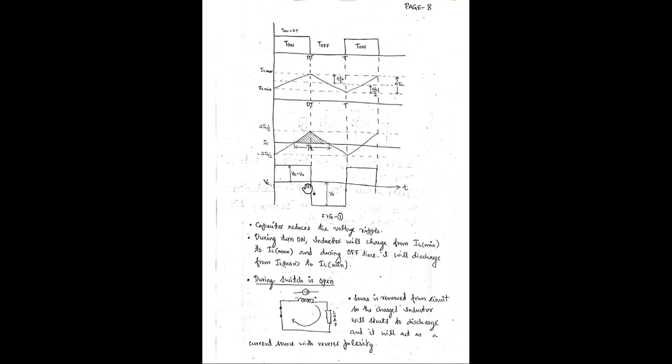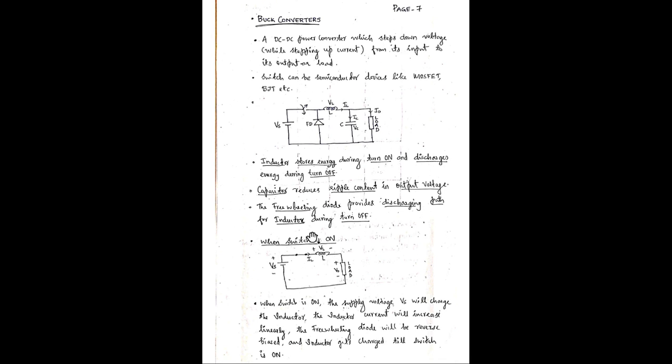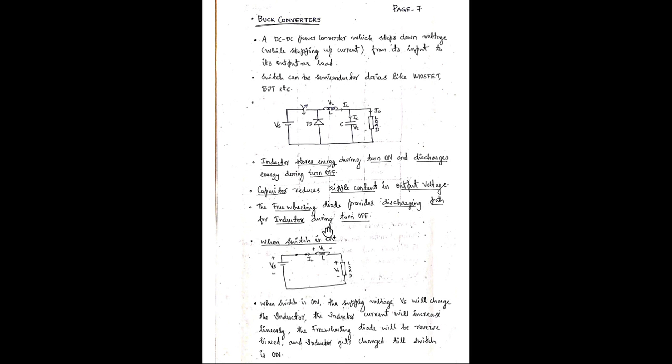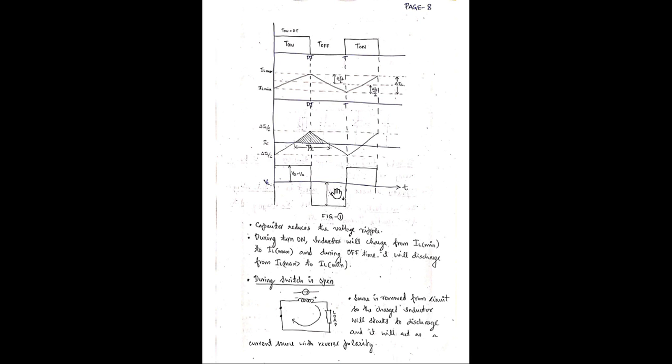Vs minus V0. And during turn off time, the source won't be there. Whatever charge is present in the inductor, the voltage will be V0. VL equals V0 during turn off time. That is what is shown in this graph: VL, IC, IL, and this is the turn on and turn off. That is what this graph signifies.